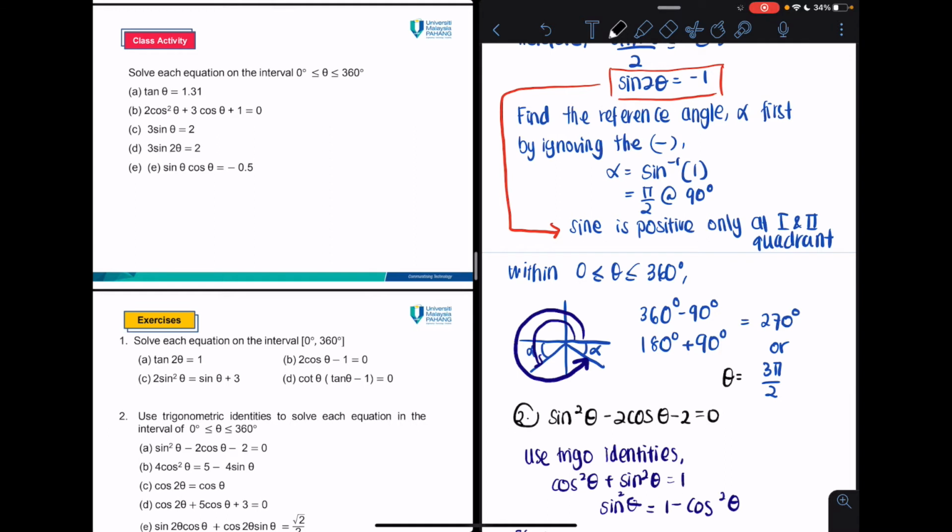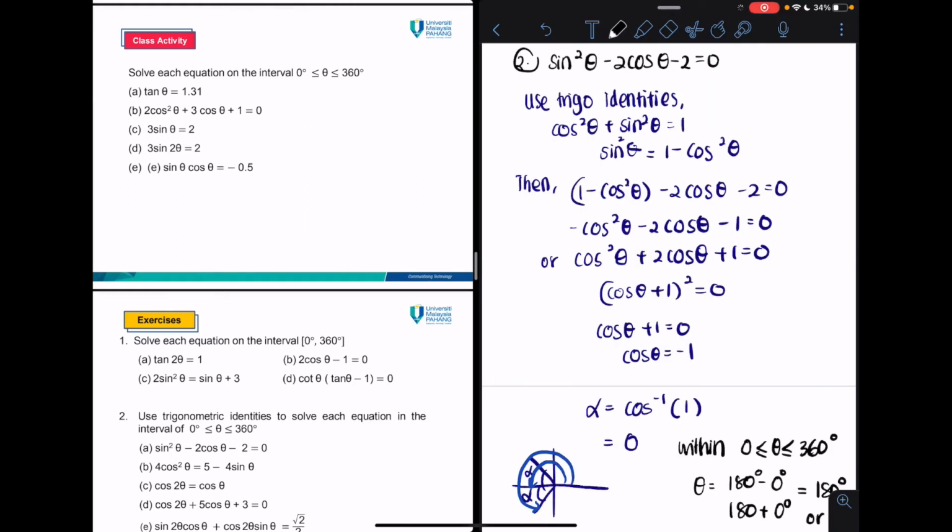Hence, this explains why I use this as the way to determine the value of theta. Since it will give us the same answer, which is 270 degrees, therefore theta is equal to 3 pi over 2 in order to satisfy sine 2 theta equal to negative 1.